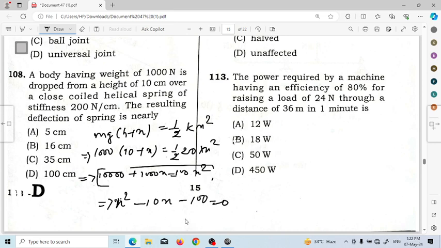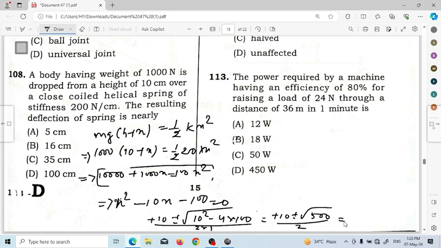So solving the equation, we get x equal to 16.18, which is closely 16 centimeter. Option B is the correct answer.